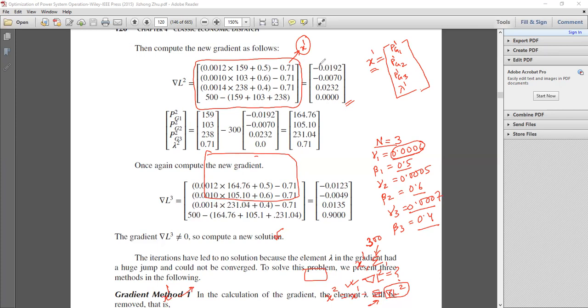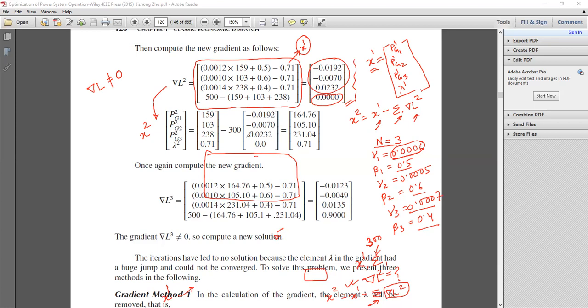And again, you check whether del L equals 0 or not. As we check, this is only 0, others are still non-zero, so this condition is not satisfied. So we go and calculate the next step, x of 2. What is the formula? X of 2 is nothing but x1 minus epsilon into del L2. We know epsilon, we know x of 1, we know del L2.